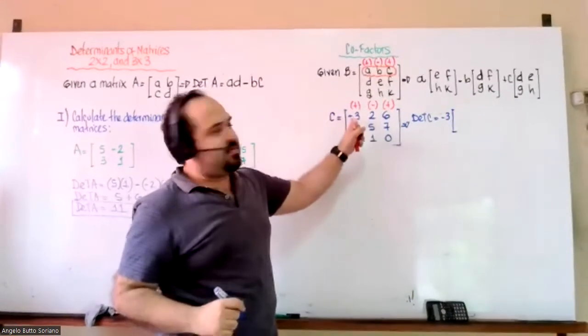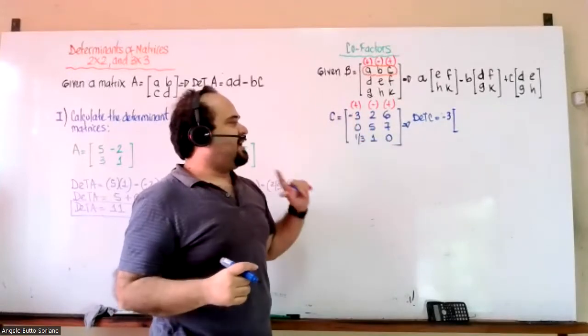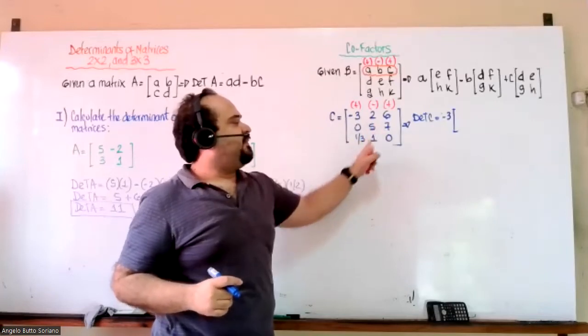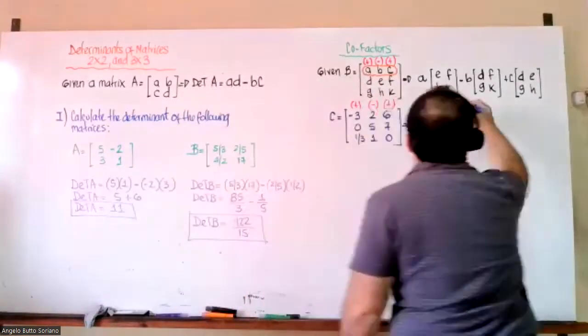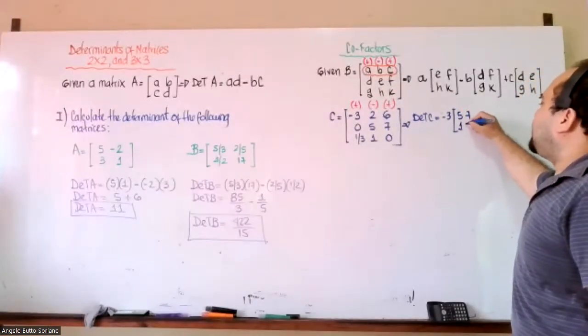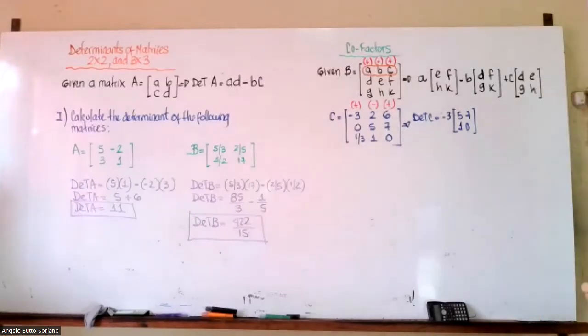Remember, the row and the column where -3 is located will disappear. And we have the numbers 5, 7, 1, 0.